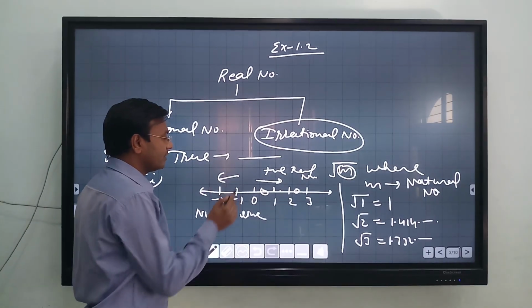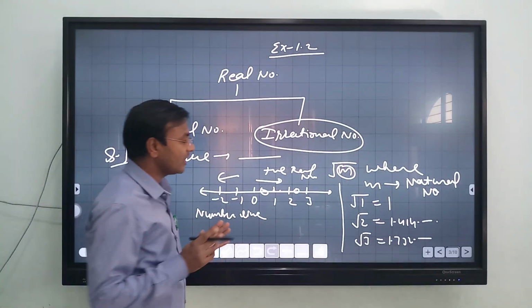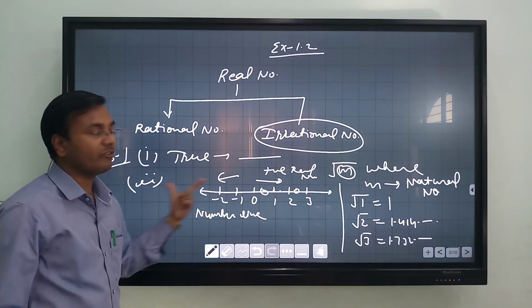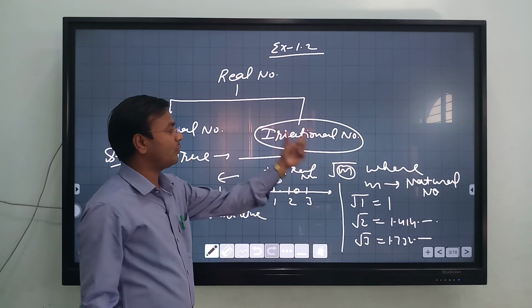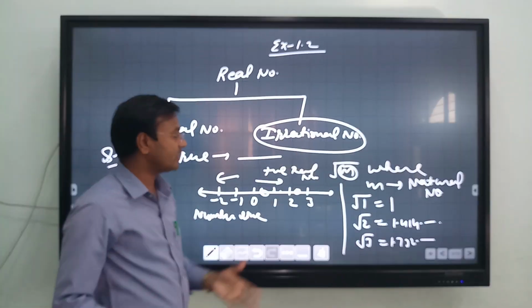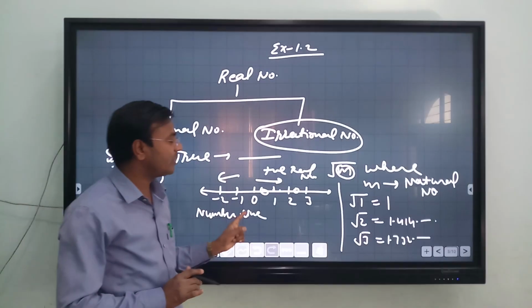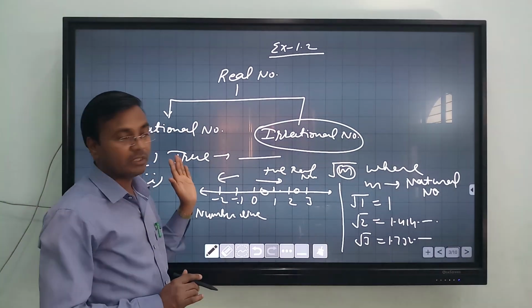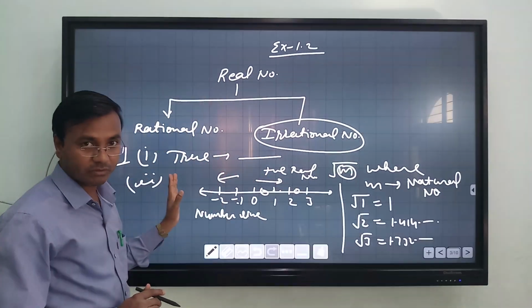What about this side? This side contains negative numbers, and we are very sure if we put any natural number, we will never have a negative value. It means for these negative numbers we cannot find any under root m. So this statement is false, because we are not getting any number corresponding to -1, -2, -3 and so on, where under root m gives any one of the values, right?